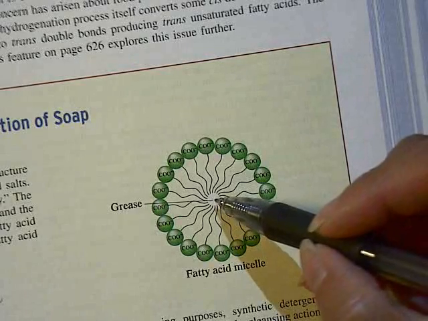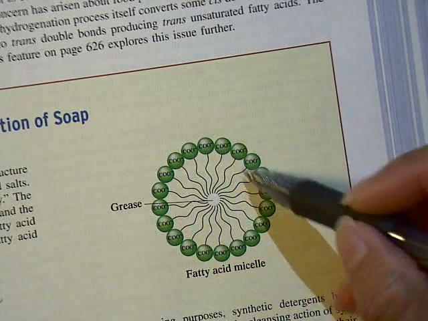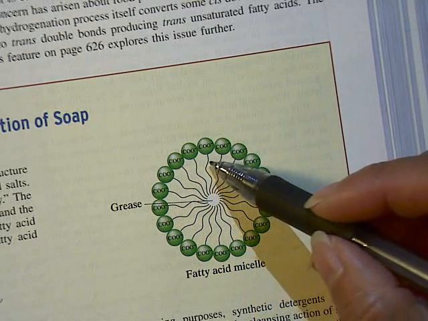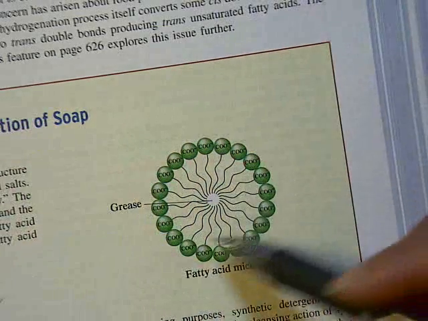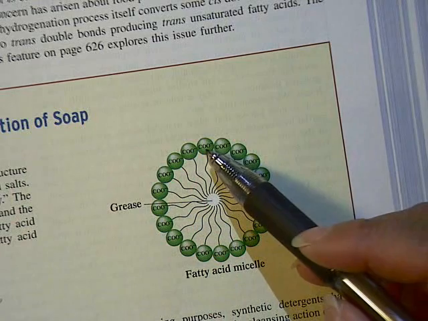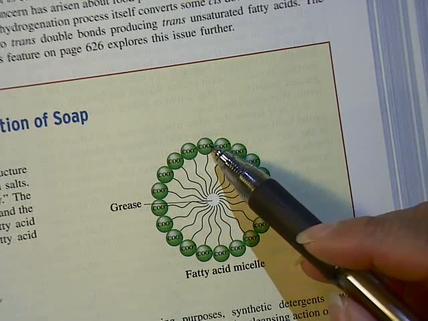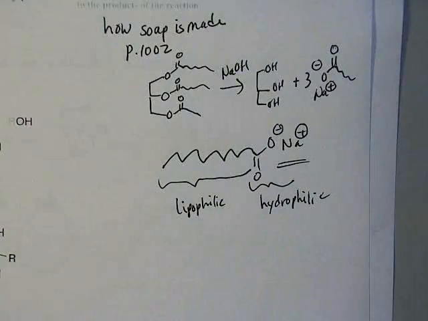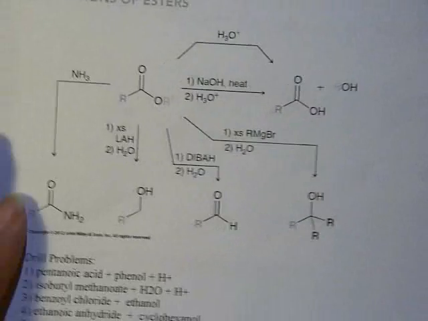So inside that ball is the grease, and it's surrounded by the hydrophobic tail of the soap. And what's facing out is the hydrophilic, the carboxylate salt, which is negatively charged, and so it's very polar. And so it likes water, and so the water is now able to wash the grease away because the grease is inside this micelle. All right.